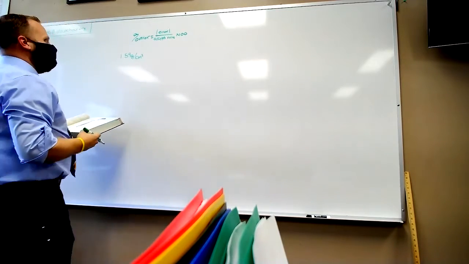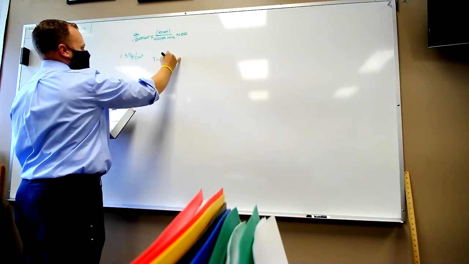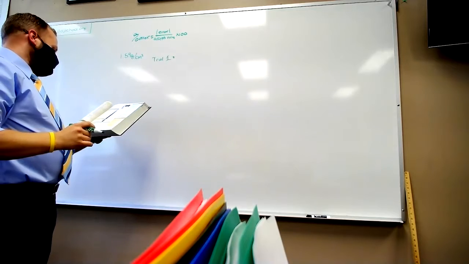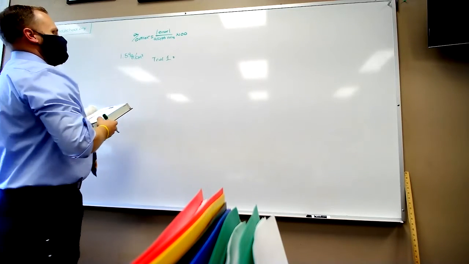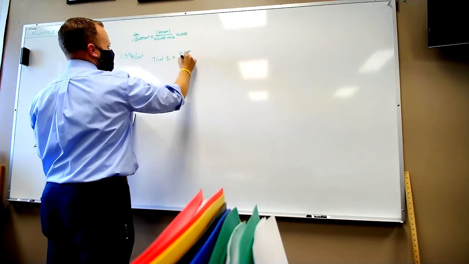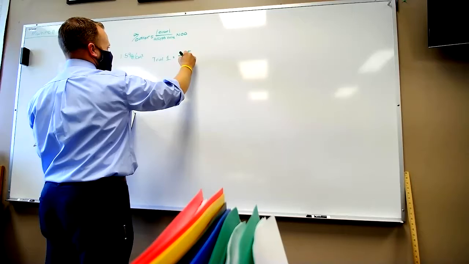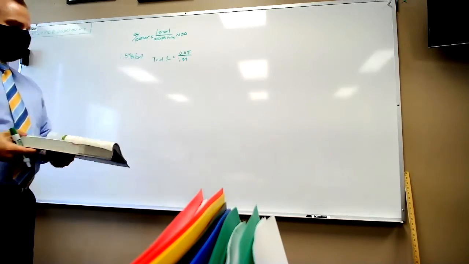So for trial 1, okay, we know that the error is negative 0.05. So we have to take 0.05 divided by the accepted value, 1.59. Okay.